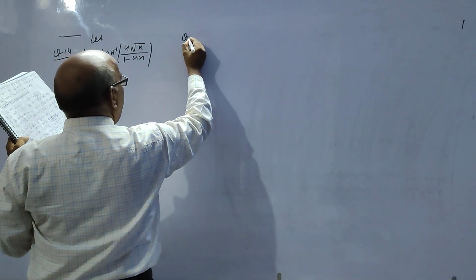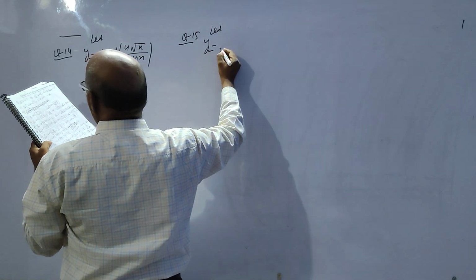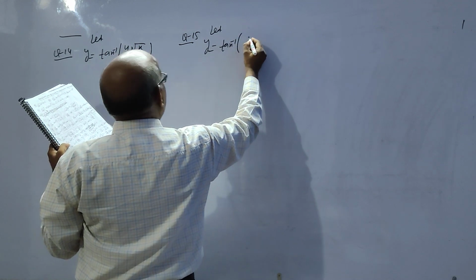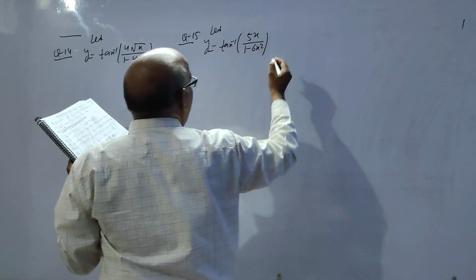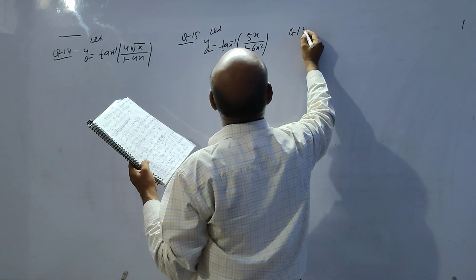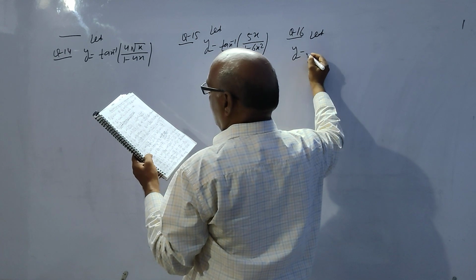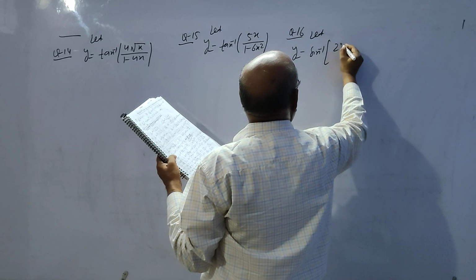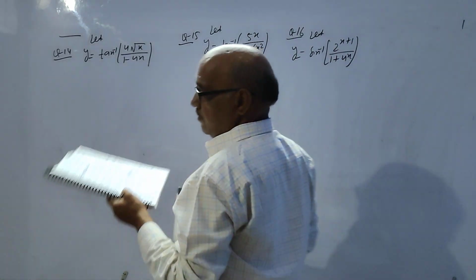Question number 15: let y is equal to tan inverse of 5x upon 1 minus 6x square. And question number 16: let y is equal to sine inverse of 2 to the power x plus 1 upon 4 to the power x.